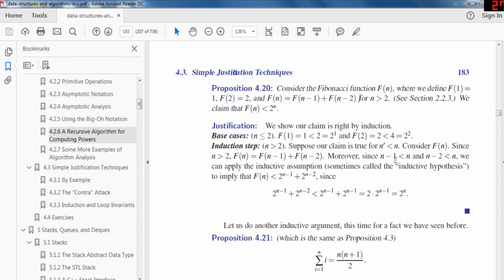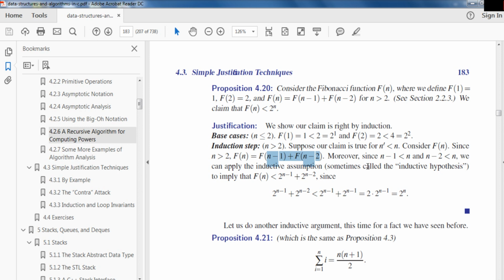Since we know that n minus 1 is less than n, and n minus 2 is less than n, you can apply the inductive hypothesis to imply that f of n is less than 2 to the n minus 1 plus 2 to the n minus 2.